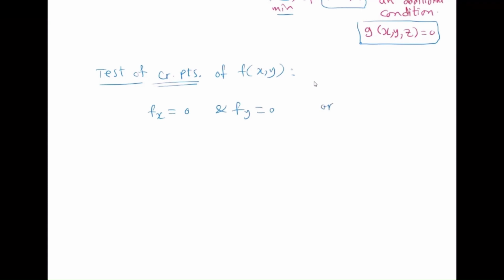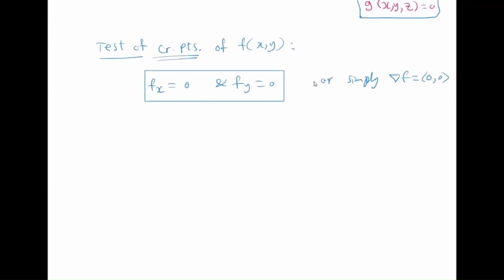Or simply we can say it in one word, grad f is the zero vector, 0, 0. This is instead of these two equations. So we have these two equations to be satisfied to give critical points. After solving these two equations, we get critical points.